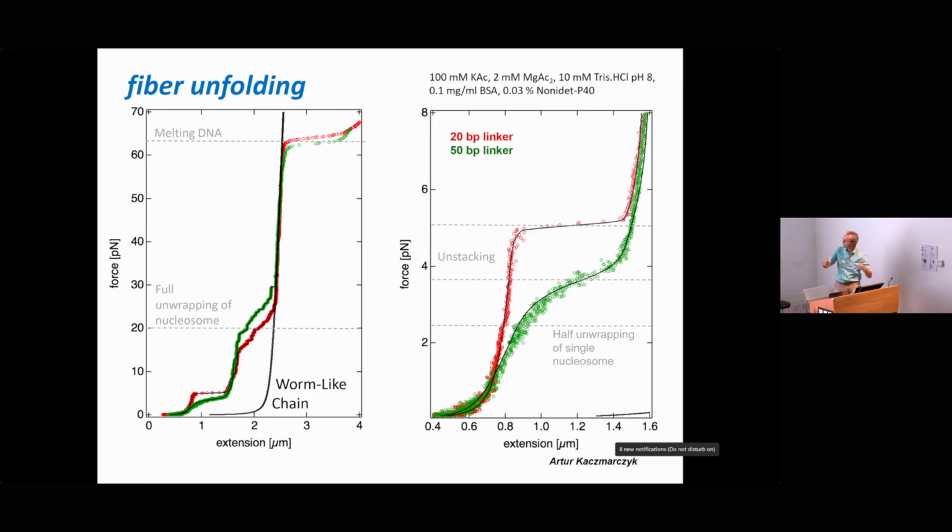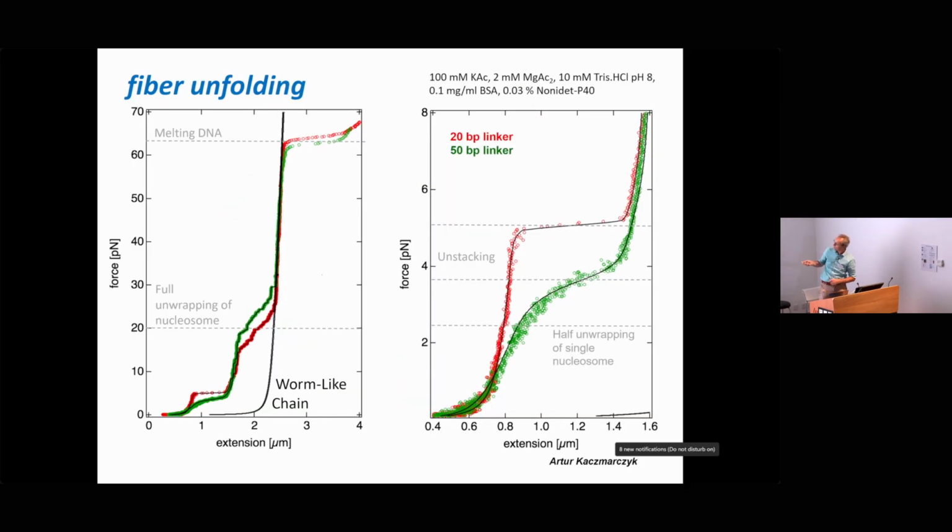And what you can also see is that, well, we get different curves, but they have more or less the same shape. And we can fit models to these curves, and we get a fairly good fit for the single molecule data. And I want to talk you through the model that we have to fit these data, because the parameters that define these force extension curves, they really tell us about how the fiber is folded, how the nucleosomes interact, right?